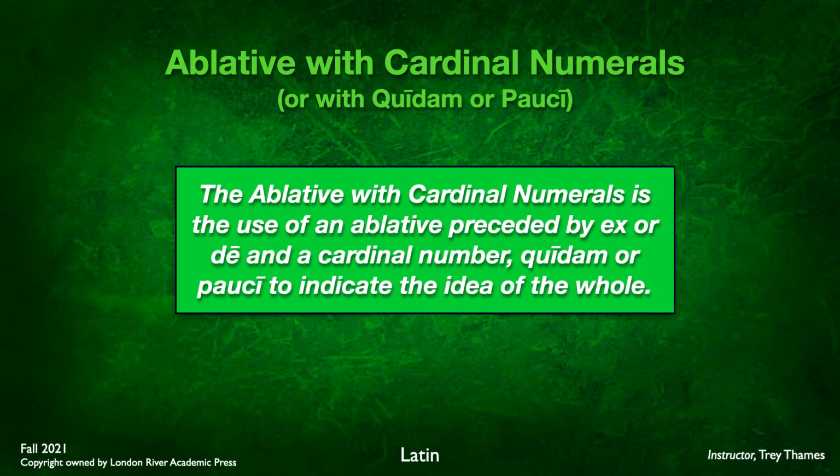The ablative with cardinal numbers is the use of an ablative preceded by the preposition ex or de, that's very important, and a cardinal number. If you have those three things together, a cardinal number, the preposition ex or de, followed by an ablative, then you have an ablative with cardinal numbers. You could also, instead of a number, have the word quidam or pauci, which also will indicate a portion of the whole.